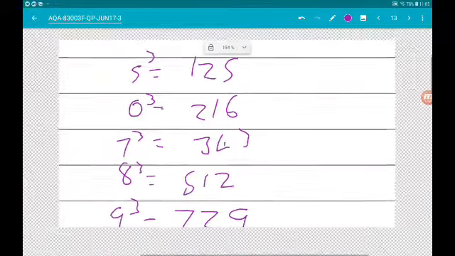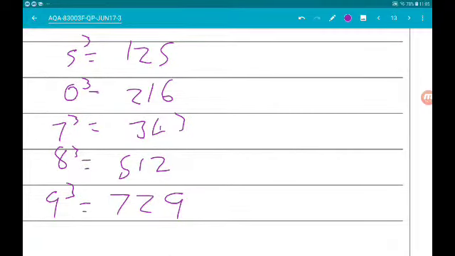Those are all the 3-digit ones, because then 10 cubed is 1000. Cool.